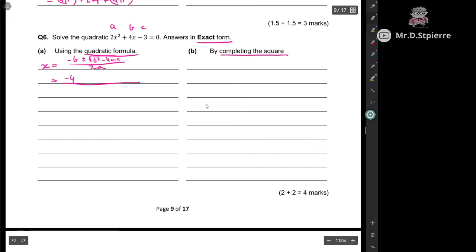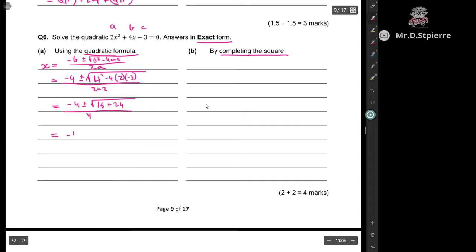So we get negative 4 plus or minus the square root of 4 squared take away 4 by 2 by negative 3, all divided by 2a, which is 2 times 2. So we get negative 4 plus or minus the square root of 16 plus, because negative 4 times negative 3 is positive 12 times 2 is 24, divided by 4.